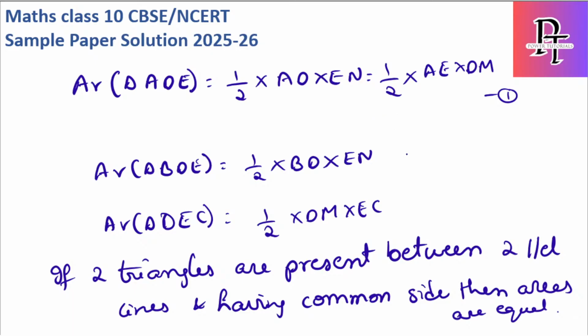So from here I can say this is 2, this is 3, then 2 is equal to 3.